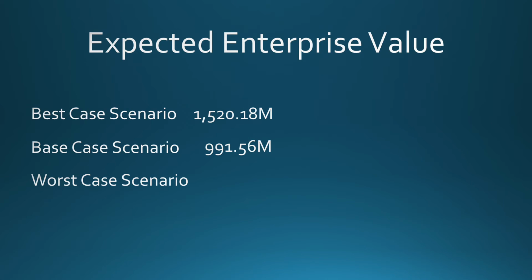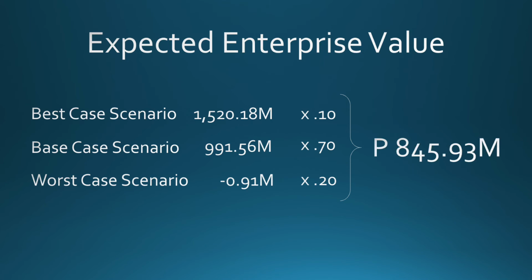And under the worst case scenario, negative 0.91 million. Multiply them by their corresponding probability of occurrence: times 0.10 for the best case scenario, times 0.70 for the base case scenario, and times 0.20 for the worst case scenario. We will arrive at an expected enterprise value of 845.93 million pesos.